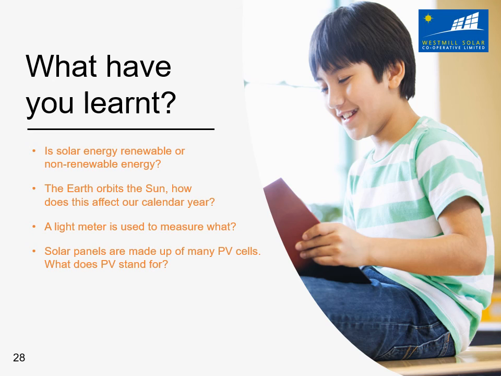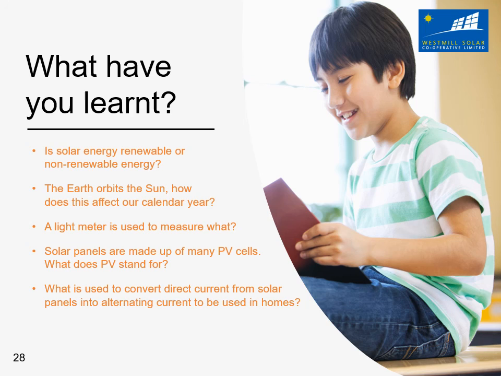Solar panels are made up of many PV cells, but what does PV stand for? PV stands for photovoltaic. Now I'd be really impressed if you could spell that. Well, it's P-H-O-T-O-V-O-L-T-A-I-C. Really well done if you did.